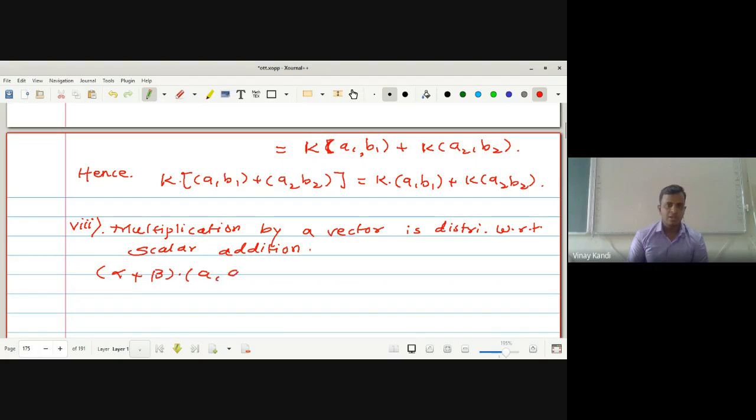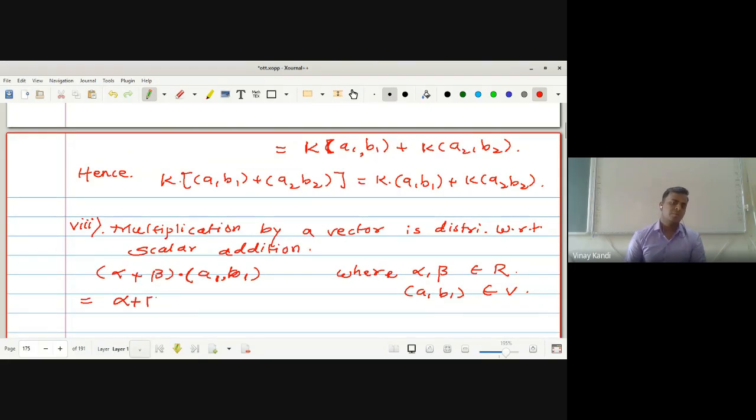Suppose the vector is a1 b1, where alpha and beta are the scalars, and a1 b1 belongs to the set of ordered tuples V. What do we have then?